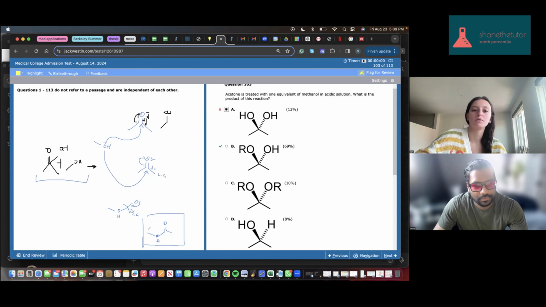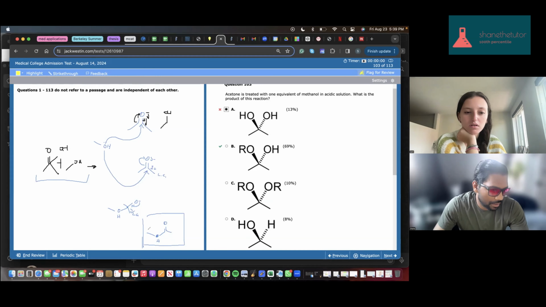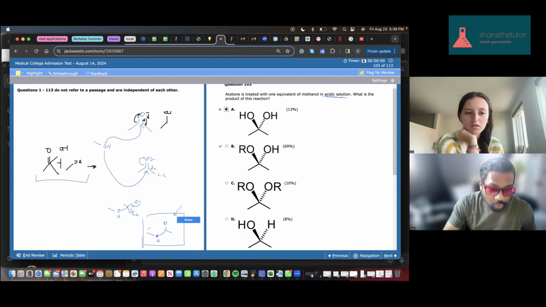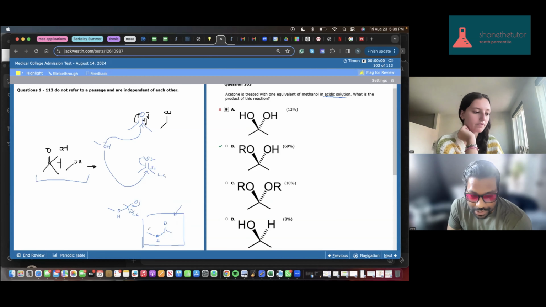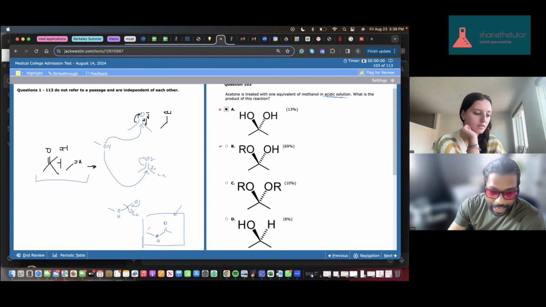How does this look like B? Because the R is the extra carbon, like the double bond. So what we drew here is what would typically happen in that SN2 reaction, producing essentially an ester here.